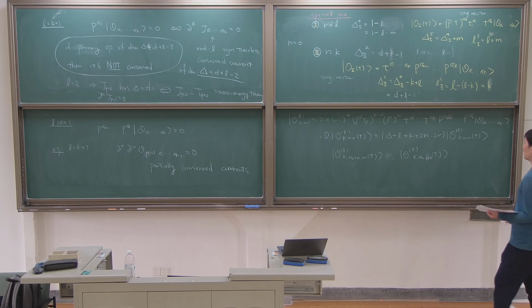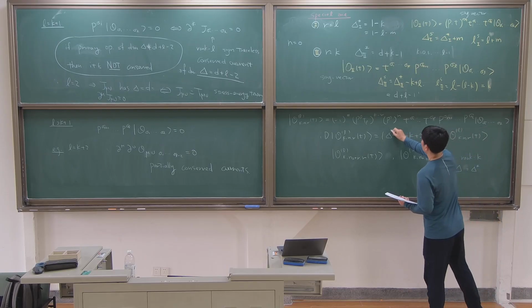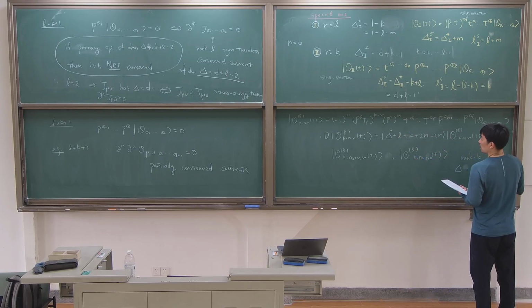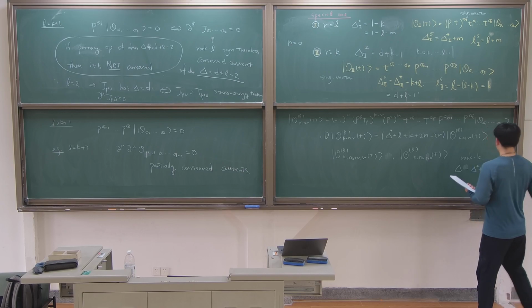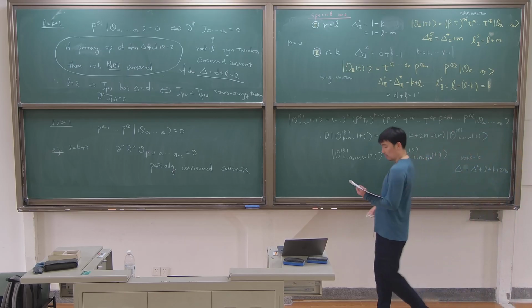The spin is the rank K symmetric tensor, and the conformal dimension of this descendant is delta star plus L plus K plus 2 and 0. So those are the conformal dimension. They both have the same spin and the same.